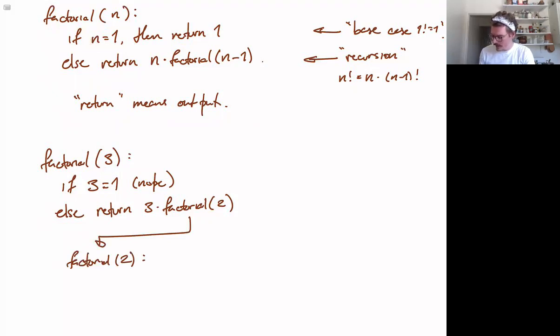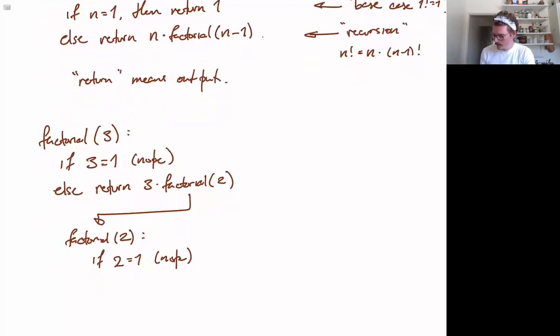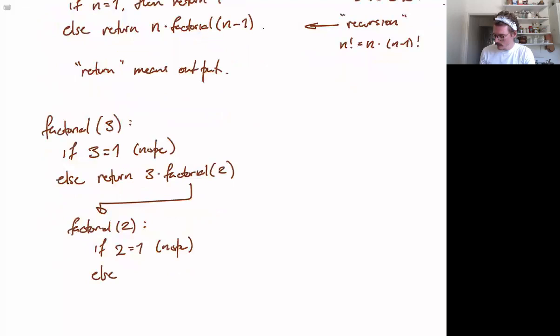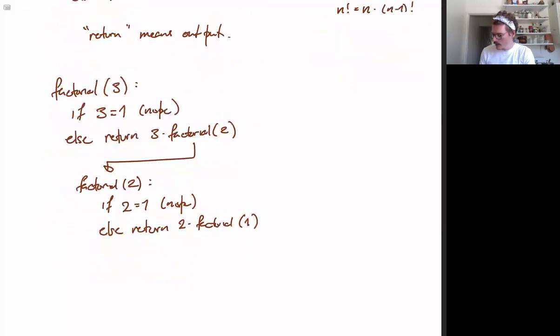So factorial 2 says, if 2 is equal to 1, which again, it is not, so we do the other thing, which is to return 2 times factorial of 1. And here we get another recursion, factorial of 1, if 1 equals 1, which it does.